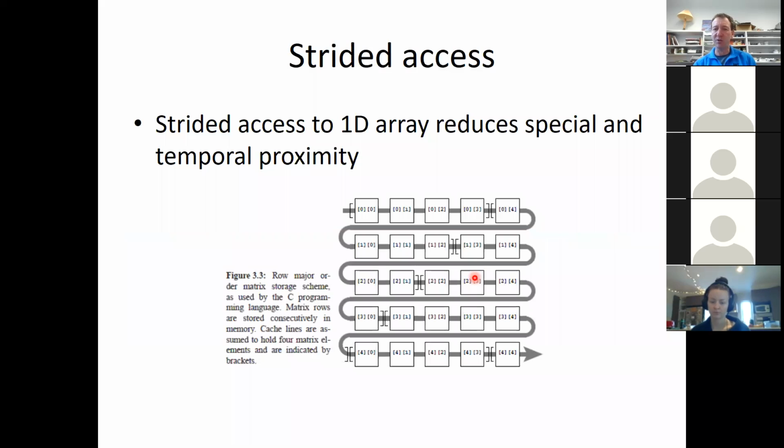If we roll this out in our access pattern in the memory, in the C code we have a strided access of a 1D array, and this reduces the spatial and temporal proximity. We access the element 0,0 and then 0,1, 0,2, 0,3, and so on. Once we are at the end at n, we have this hop, which goes to 1,0, 1,1, and so on.